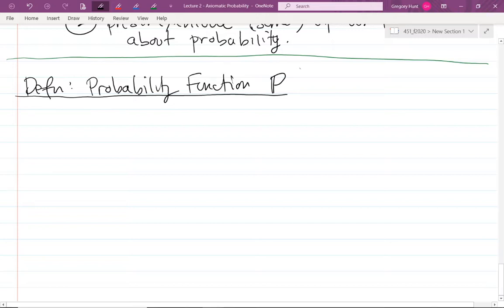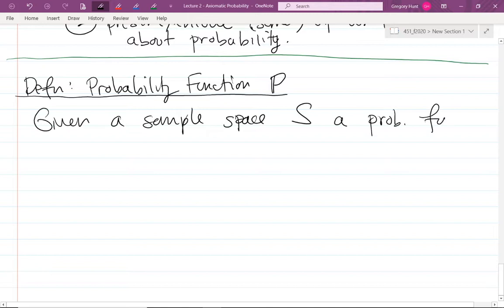If my script P here is a probability function, it must satisfy these, and if I have a function that satisfies them, it is a probability function. Okay, so given a sample space S, a probability function is a function. Well, that's a good start. Probability functions better be functions. And it's a function P.